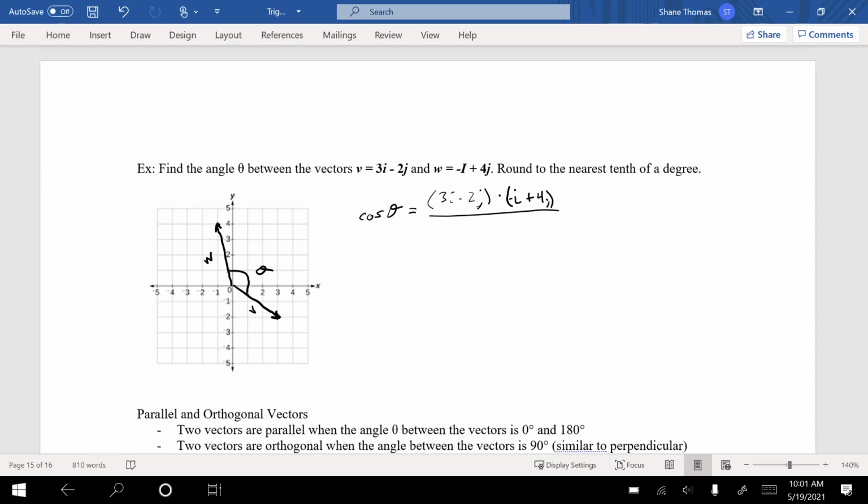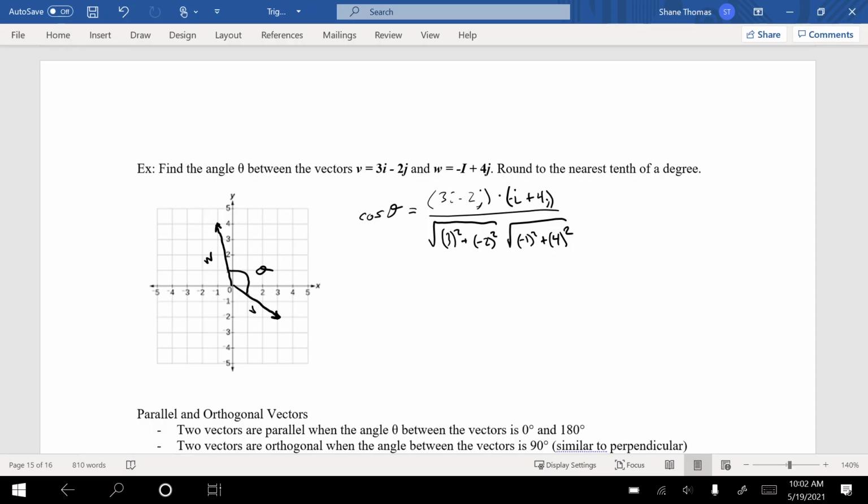Remember, the magnitude, you have to square root both of them. This is from yesterday's lesson. Square root of, this is V, so 3 squared plus negative 2 squared, times the square root of the magnitude of W, which is negative 1 squared plus 4 squared. Again, remember the magnitude is essentially the length of it.